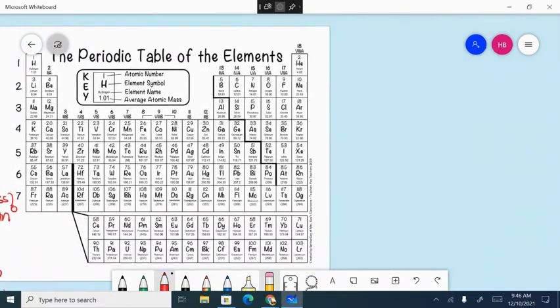Let's pick a different one. I'm going to do sulfur. If you look at sulfur, sulfur is number 16. That means that sulfur has 16 protons. That's the atomic number. The atomic number is the identity of an element. In order to be sulfur, it has to have 16 protons. The average atomic mass is the one with the decimal points.